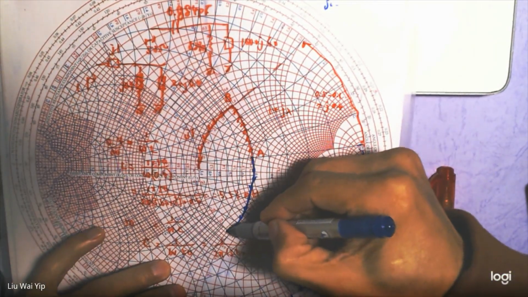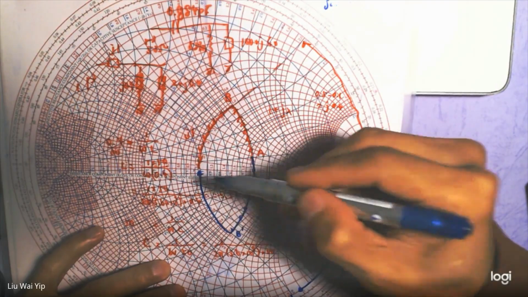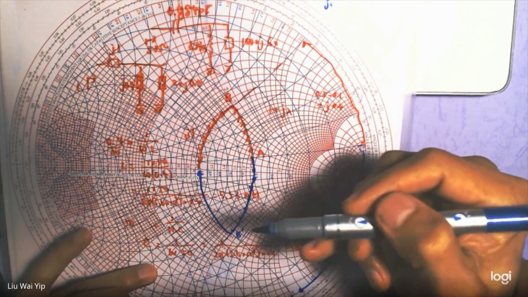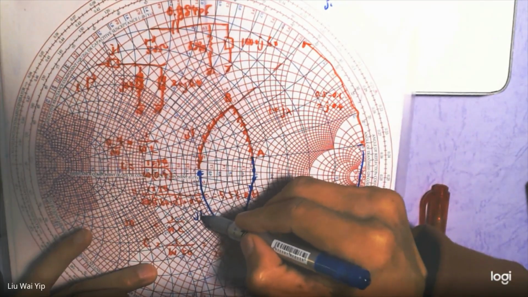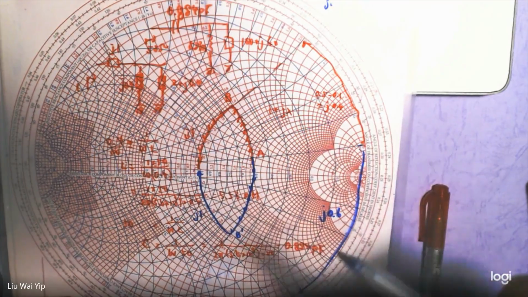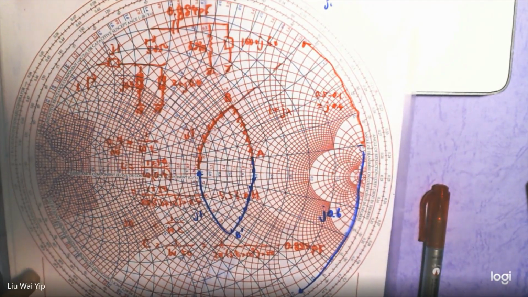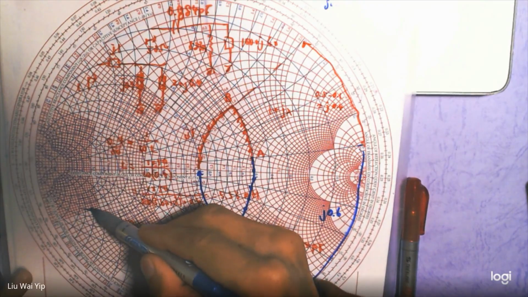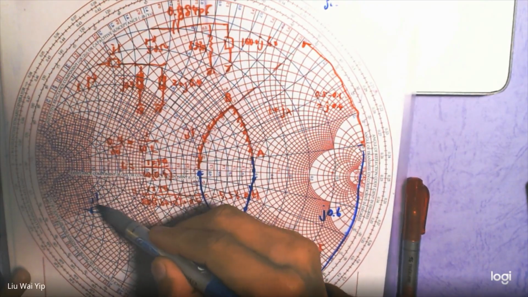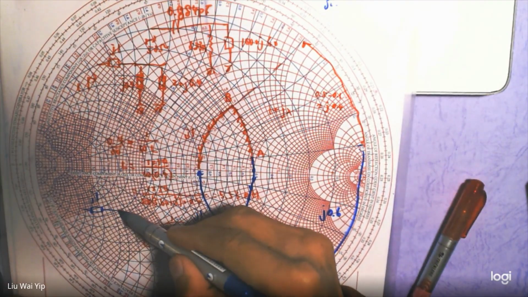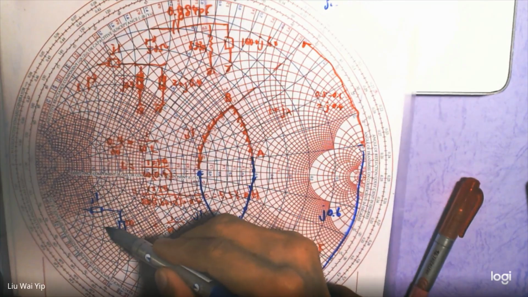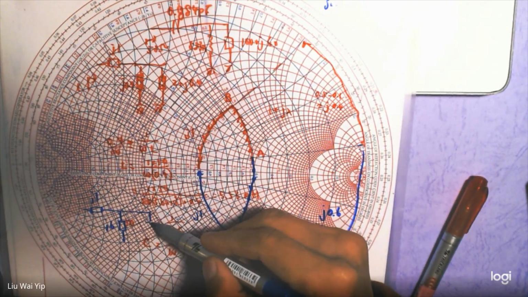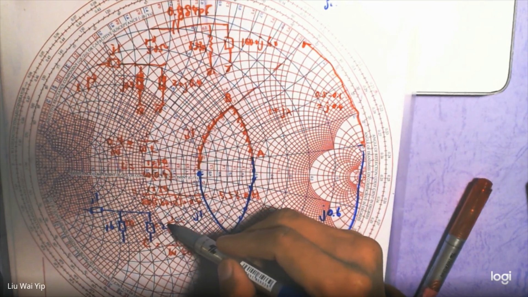And from here to here, you need 1j. So now you need a network like this. j1 and then j0.6 and then 2 plus j0.4.